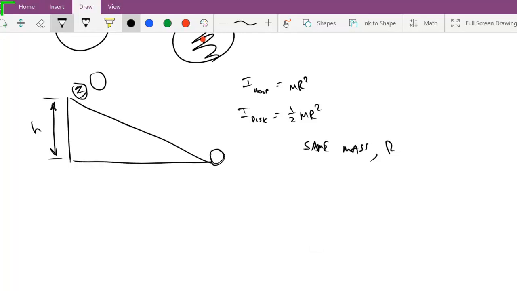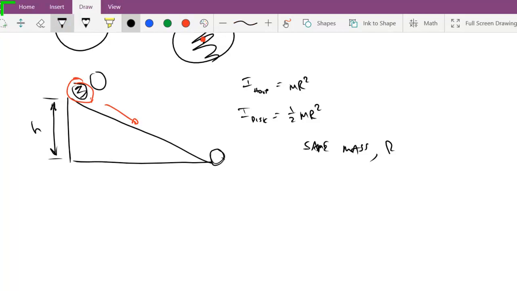But they have two forms of kinetic energy at the bottom, because not only are they moving down in a linear direction here, but they're also rotating around like this, right? So they're going to be rotating like that.